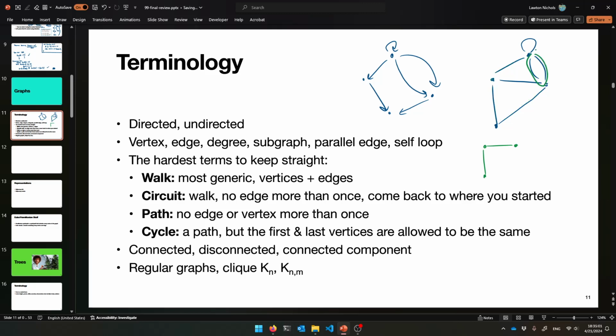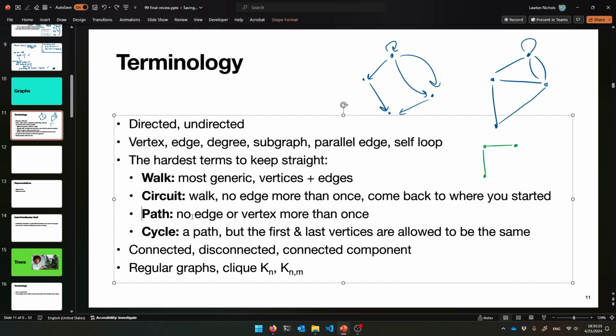But here, this, for example, that's a circuit. That's okay, because I'm not reusing edges, even though I am reusing vertices a couple times. Even that, I guess, that's technically a circuit, all right? Not reusing edges. So I hope that makes sense. But like a walk, you can just pace back and forth and then wrap it around. That's allowed. You can reuse edges all you want.